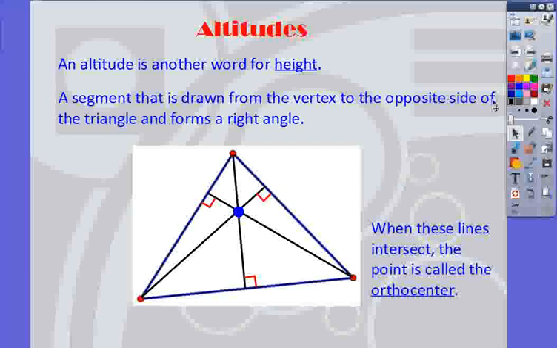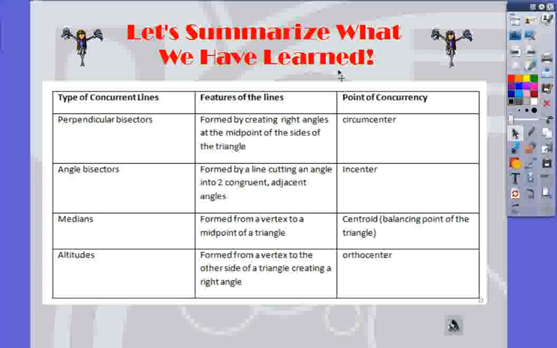Now, I know that we've just discussed a lot of vocabulary, so let's summarize. There are four types of concurrent lines: the perpendicular bisector, the angle bisector, the median, and the altitude. The perpendicular bisector, the thing that is key to remember about this, is that it is formed by creating right angles at the midpoint of the sides of the triangle. The point of concurrency is called the circumcenter.